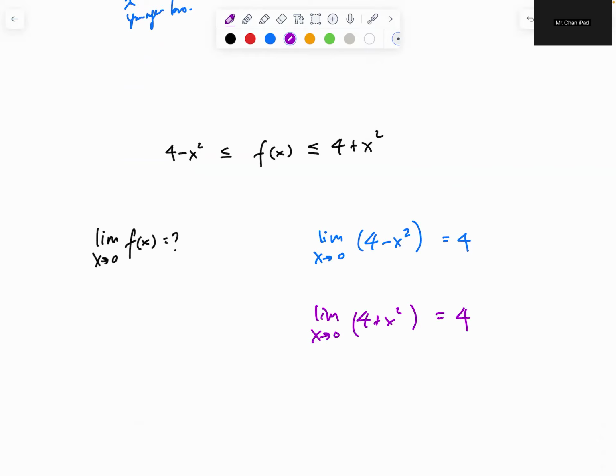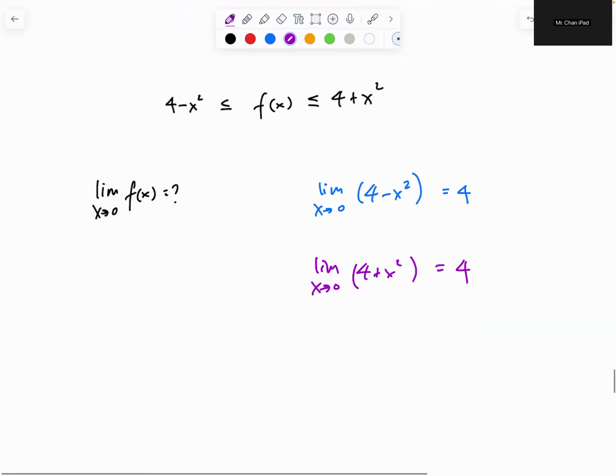It's 4. So since the bigger function and the smaller function are both going to 4 as x approaches 0, therefore f of x would have no choice but to go to 4 as well. Okay? So this is one type of squeeze theorem problem that you will see.